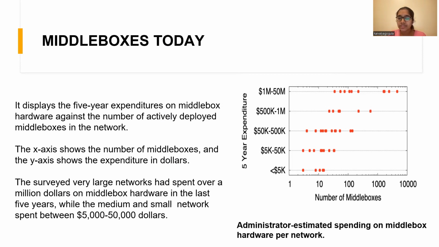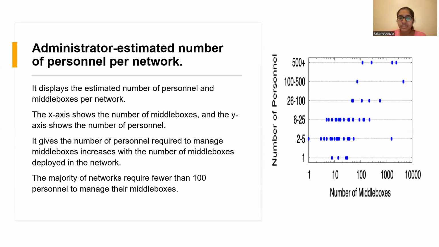On the y-axis we have the number of middle boxes, and on the x-axis the expenditures over the past 5 years in dollars. The survey covers very large networks and small and medium networks. Very large networks spent over $1 million on middle box hardware, while medium and small networks spent around $5,000 to $50,000 over the past 5 years.